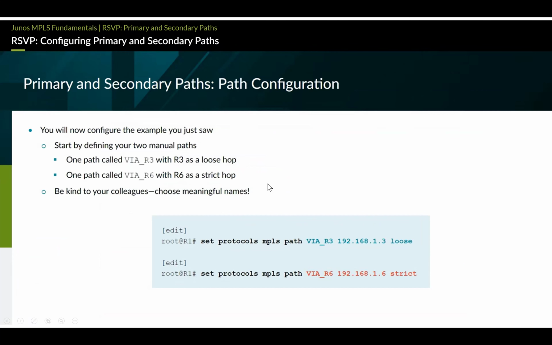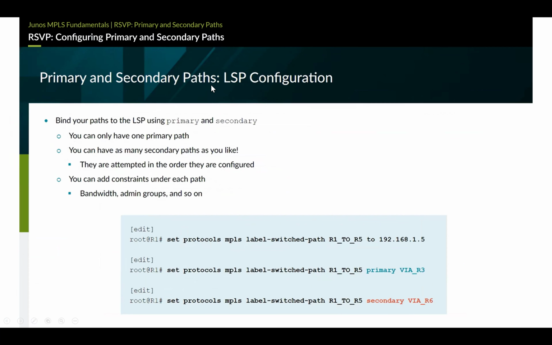Let's move on. Primary and secondary path LSP configuration. You have to create the LSP. The LSP name is router 1 to router 5. The destination is the router 5 loopback IP. The primary path will be via router 3, and the secondary path will be via router 6.